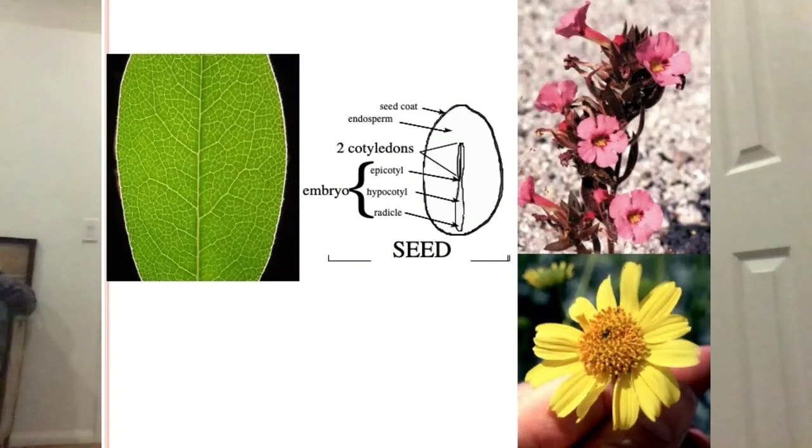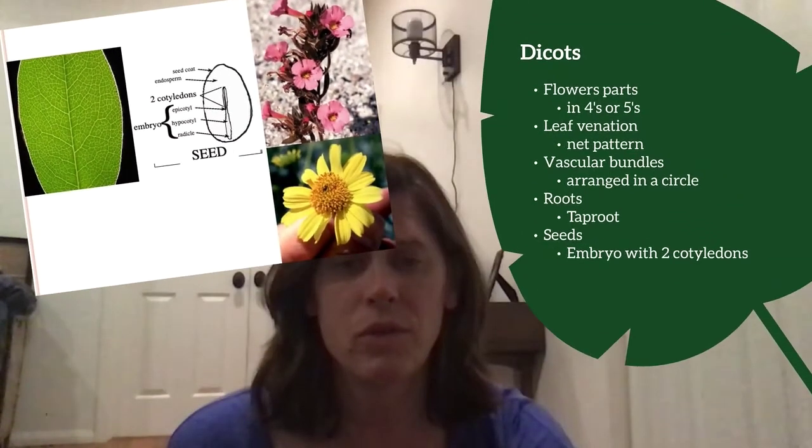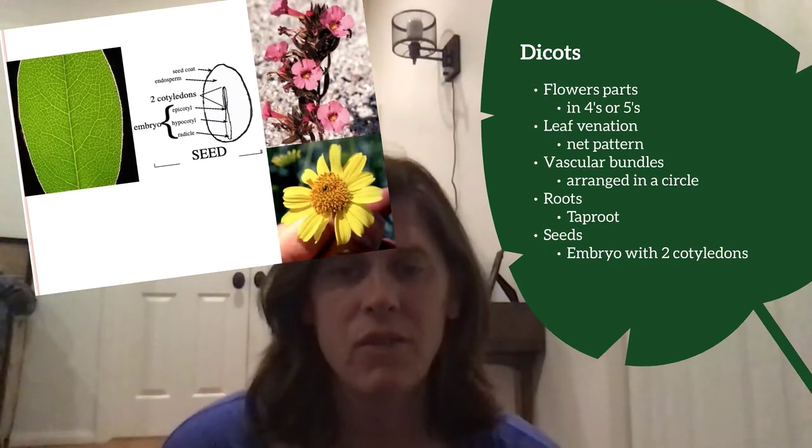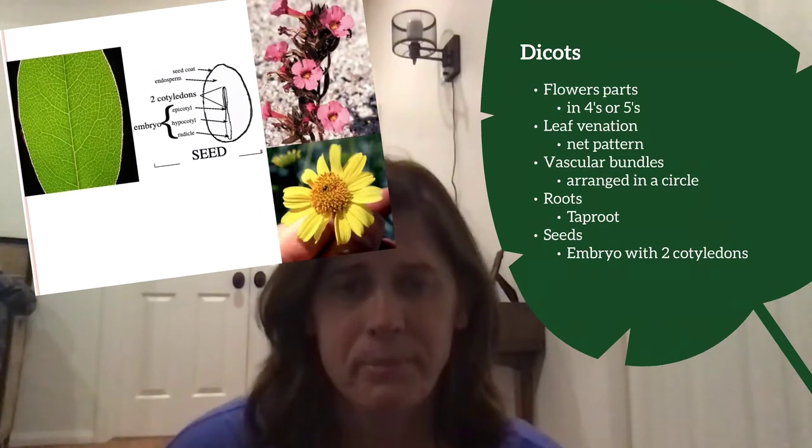The yellow one, I count 1, 2, 3, 4, 5, 6, 7, 8, 9, 10, 11, 12, maybe 13, 14, 15. I count 15. That's a group of 5. Okay, so again, very easy if you see flowers on the plants. If you can count groups of 3s, then you've got a monocot. If you count 4s or 5s, then you've got a dicot.